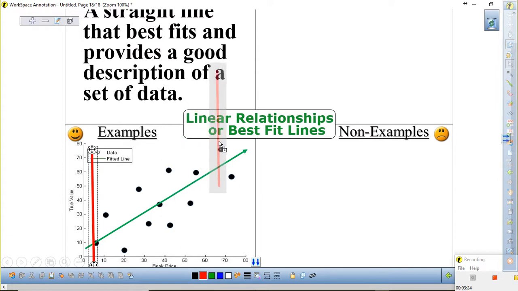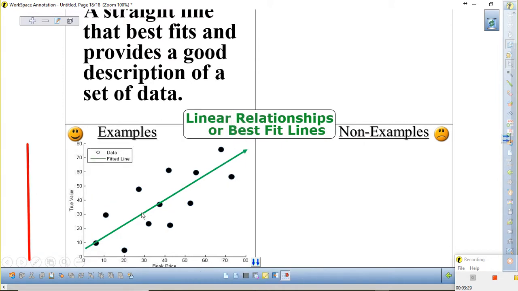What do you guys notice? I'm going in what direction? Up from left to right. So that's why when I sketch this green line, I sketched it from the bottom going up. Because if I was to see that the points would start over here going this way, then I would sketch it starting from the top going to the bottom in a downward direction. Okay?